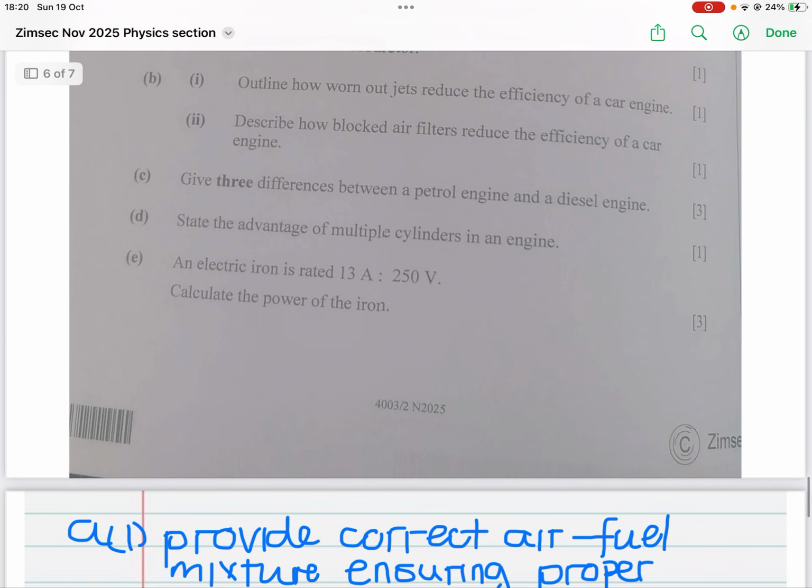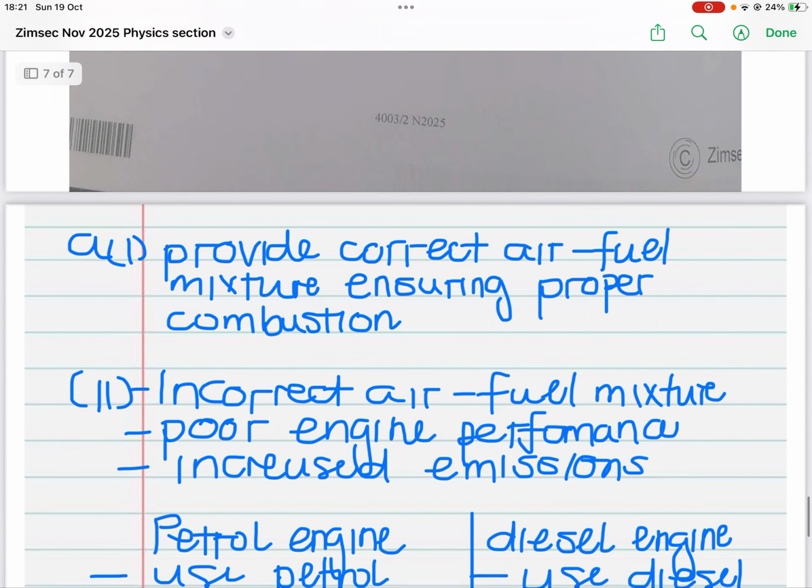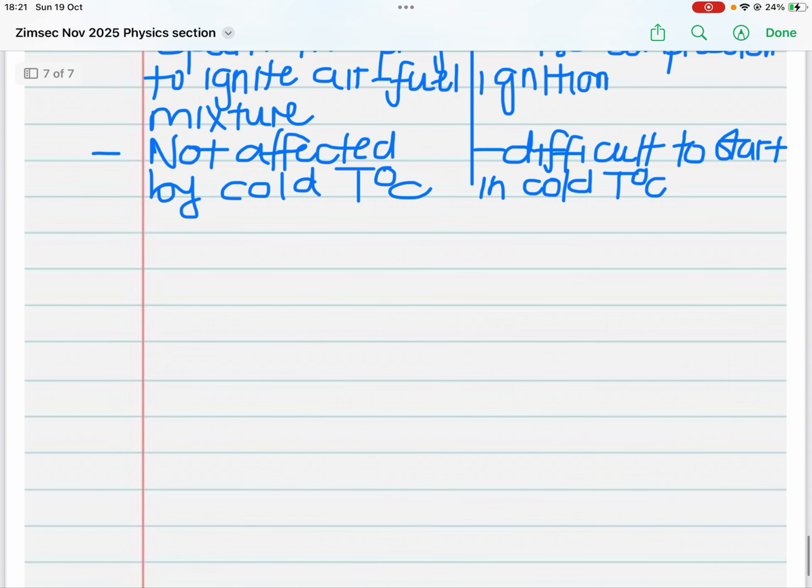And then on part D, we are required to state the advantage of multiple cylinders in an engine. So the advantages of multiple cylinders in an engine.